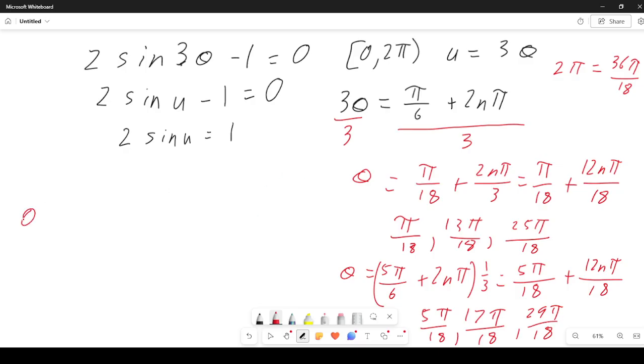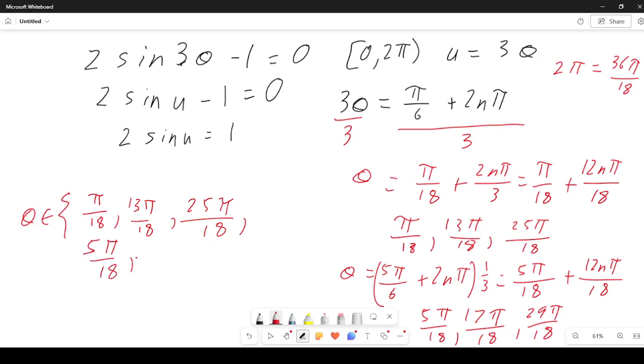So theta, there are 6 solutions. That would be pi over 18, and you can write in any order you want to. 13 pi over 18, 25 pi over 18, 5 pi over 18, 17 pi over 18, and 29 pi over 18.